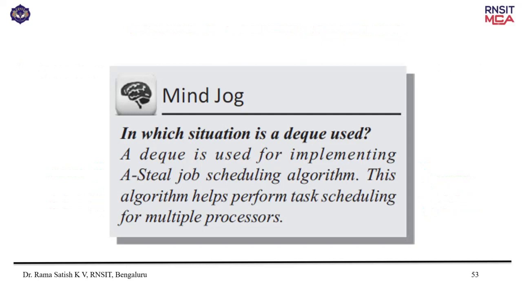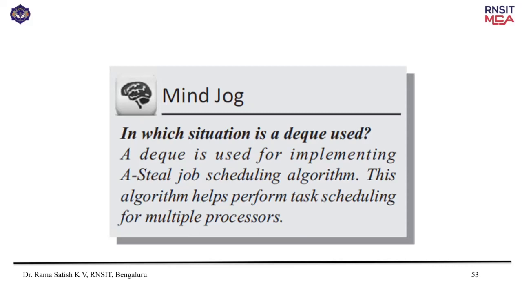Some questions before we go further. In which situation are double-ended queues used? Remember, dear students, especially when you are working in a multitasking, multi-processing environment, double-ended queues are very important. A double-ended queue, or DQ in short, is used for implementing the job stealing scheduling algorithm, and this algorithm helps task scheduling for multiple processes.